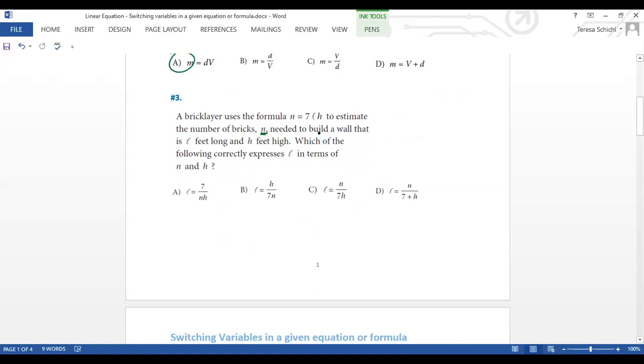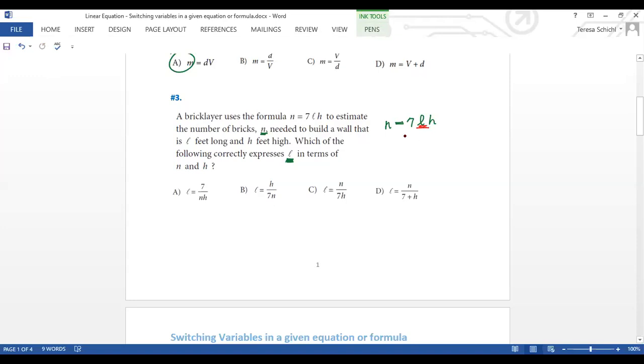Which of the following correctly expresses L in terms of the others? So which variable am I trying to solve for? I'm trying to solve for L.